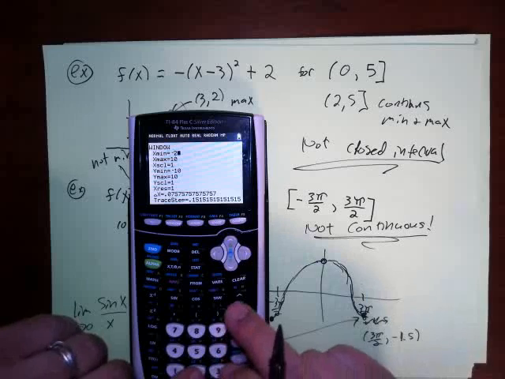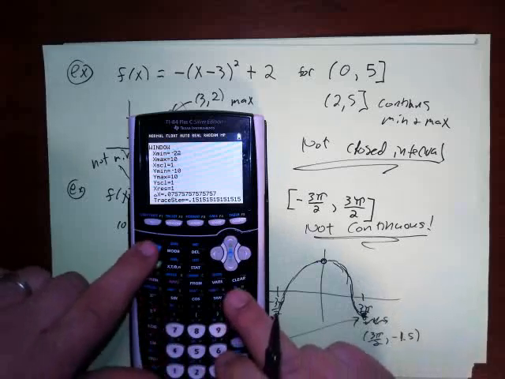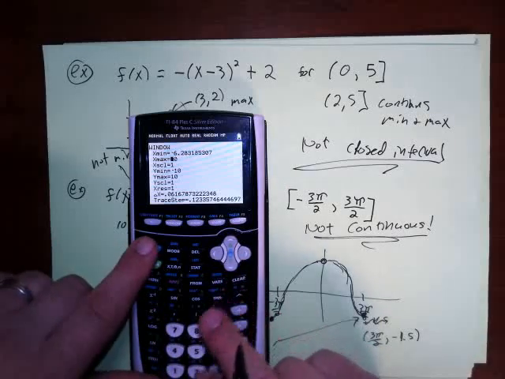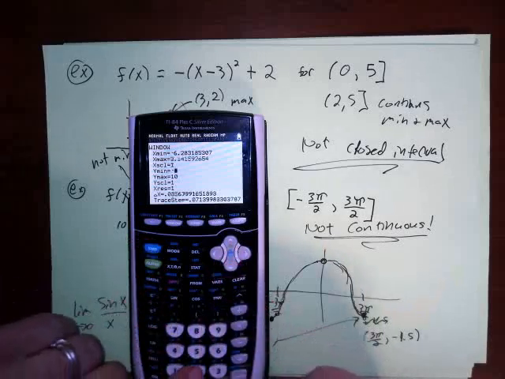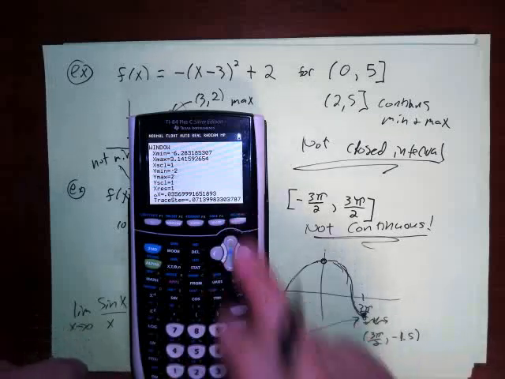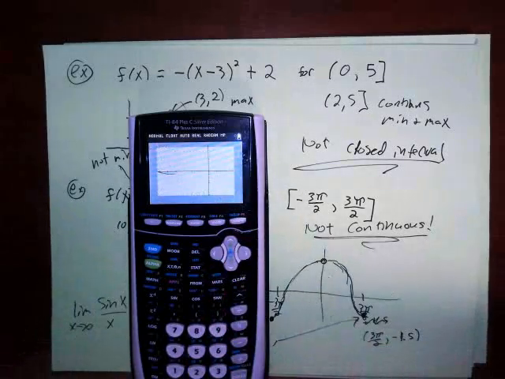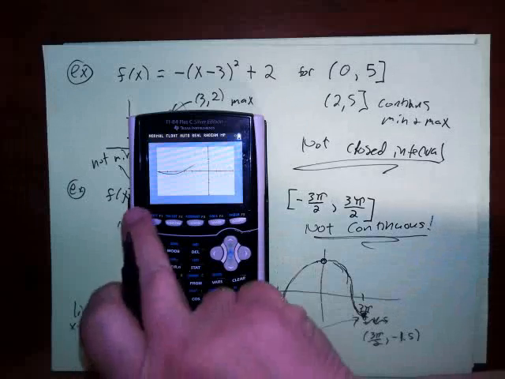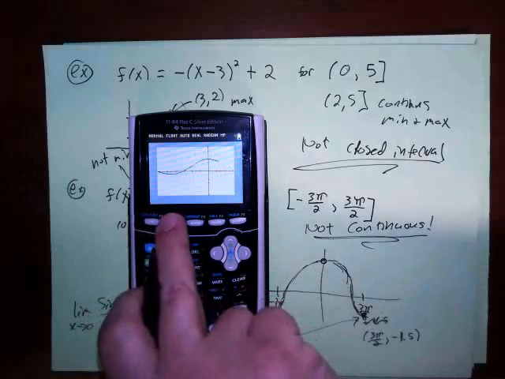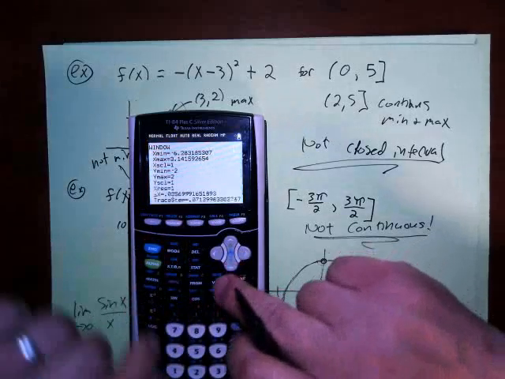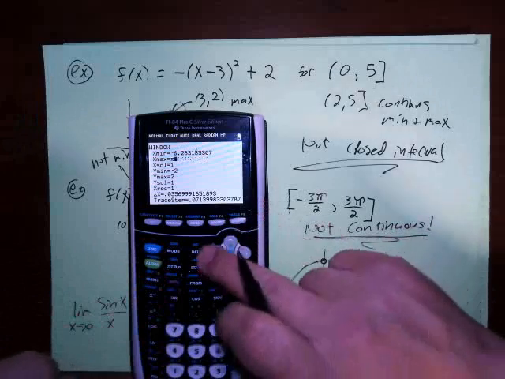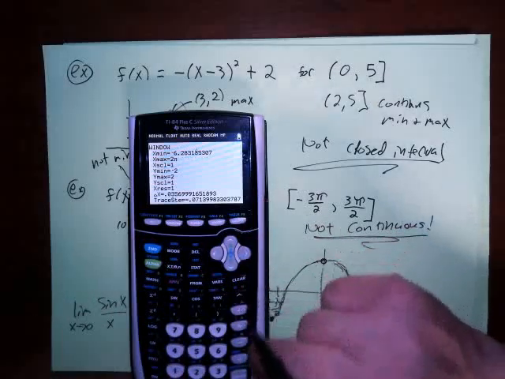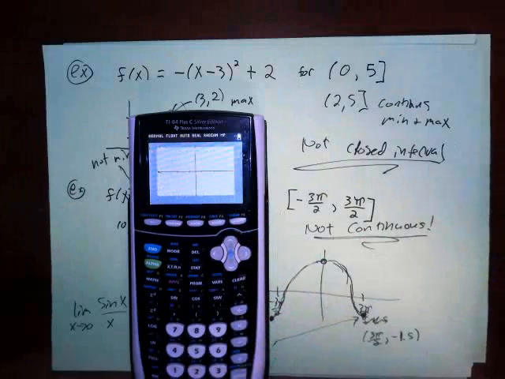So let me do negative 2 pi to pi, and then I'll do negative 2 to 2. Oops, it's offset a little bit. I should have done negative 2 pi to 2 pi is what I meant to do. There we go.